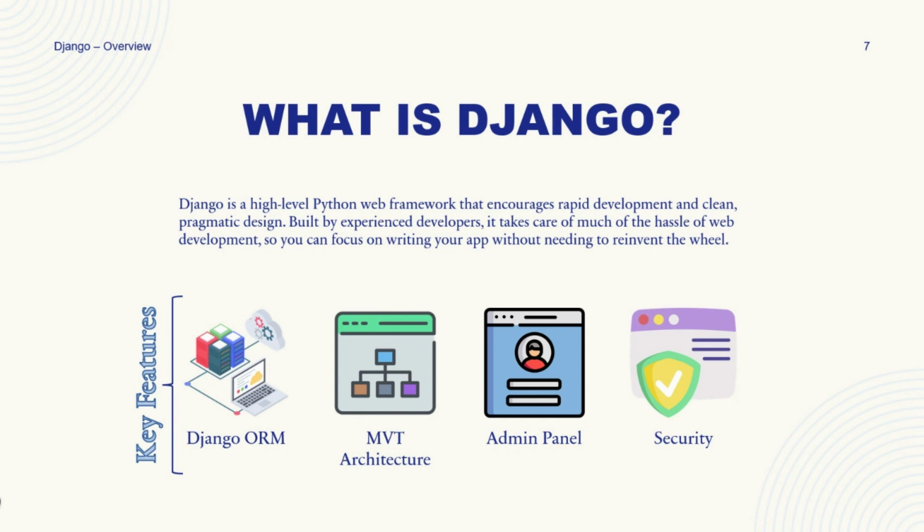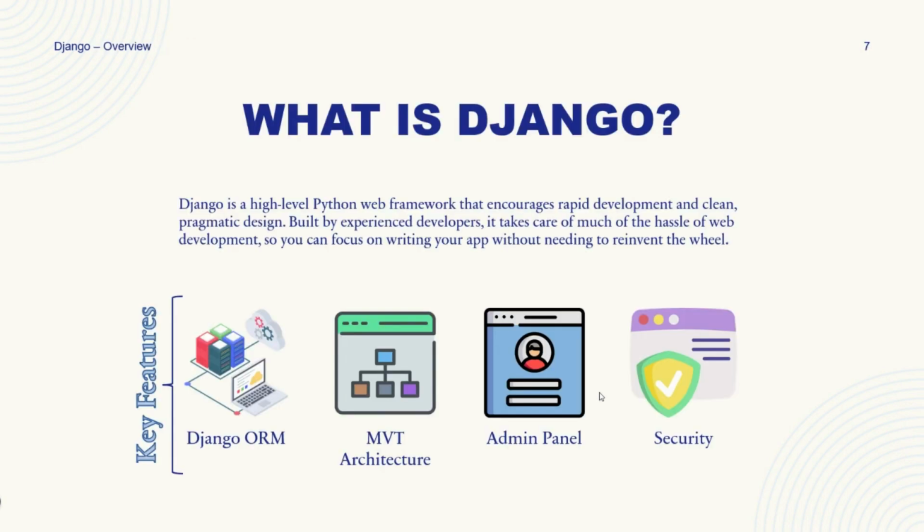Some of the key features that make Django a great web development framework include the Django ORM, object relational mapping, the MVT architecture, which is model view template architecture, the admin panel, which is again a very good thing, and then the security, which we are going to talk about in some time.